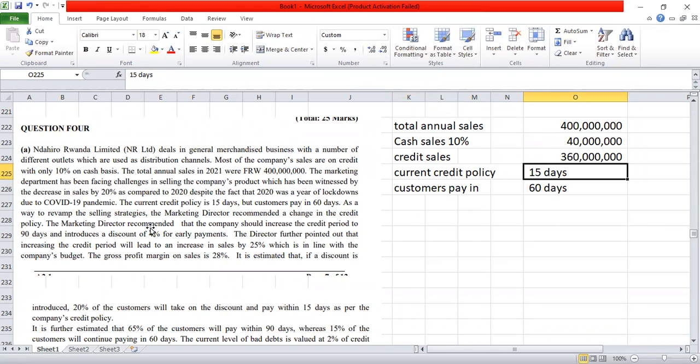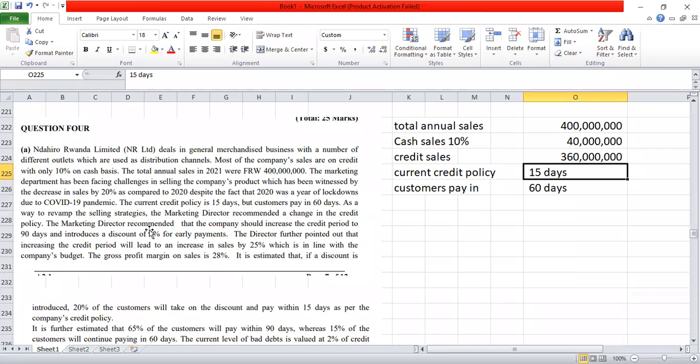As a way to revamp the selling strategies, the marketing director recommended a change in credit policy.